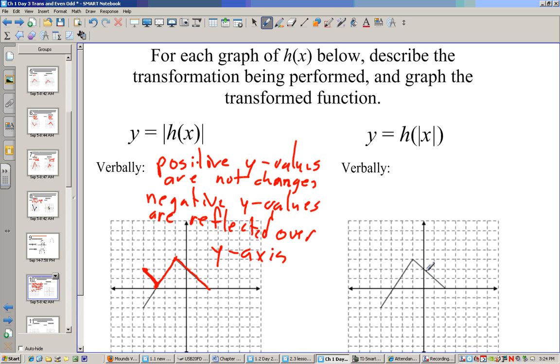Now over here, the positive x values stay the same, and then those values are reflected over the y-axis.